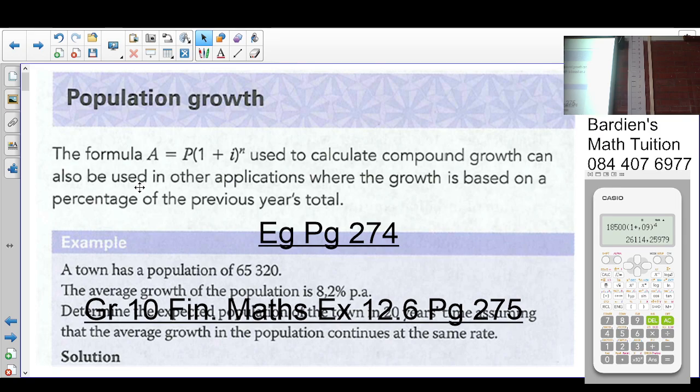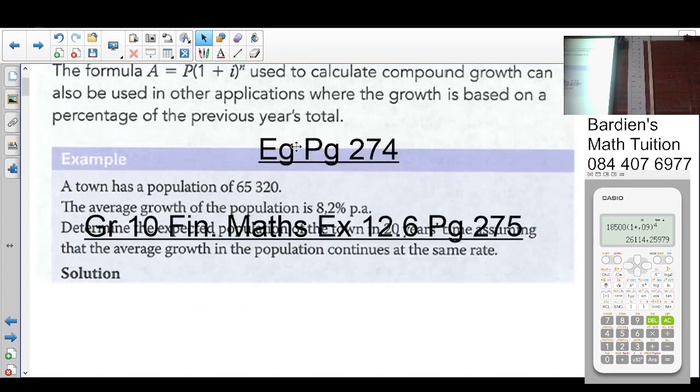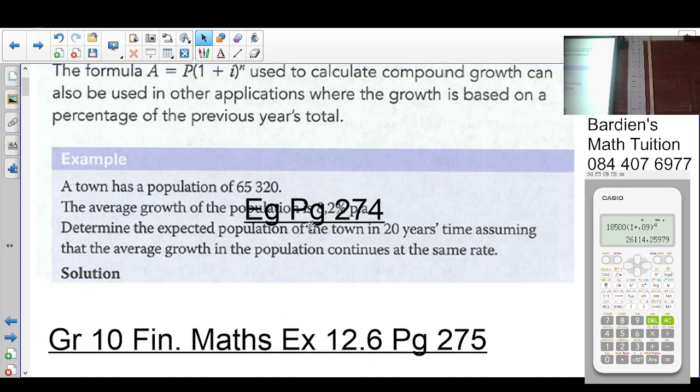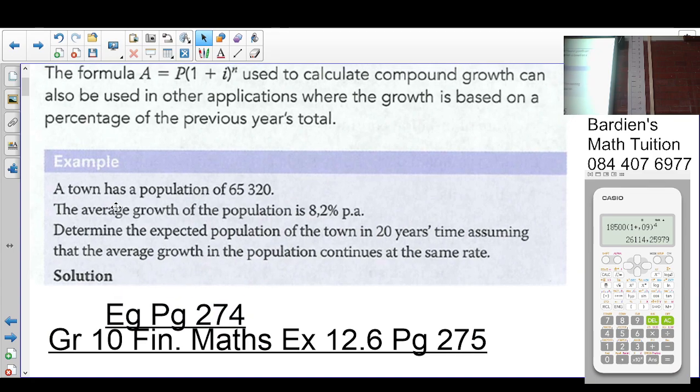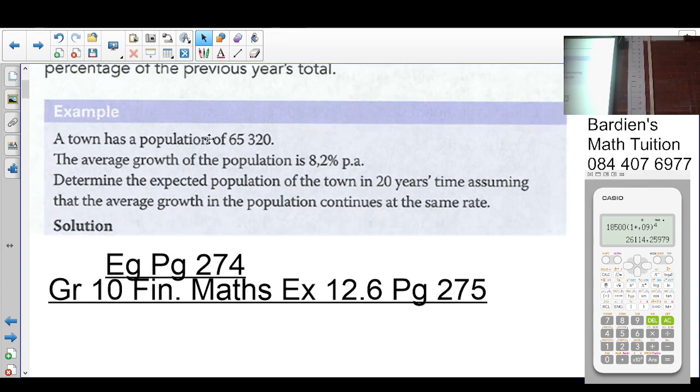So like inflation as we just did now, because it's based on your previous year's principal or starting value. So here we are told that the town has a population of 65,320. The average growth of the population is 8.2% per annum. Determine the expected population of the town in 20 years' time, assuming that the average growth in this population continues at the same rate.